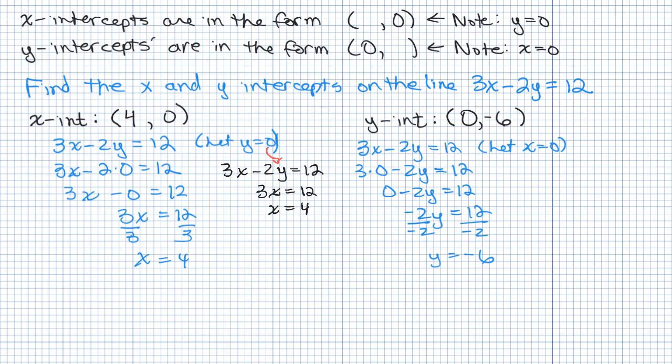When I let x equal 0 in 3x minus 2y equals 12, you see the term 3x will become 0. So I can go directly to negative 2y is 12, divide by negative 2, and I get y equals negative 6, a little bit faster. But in any case, we have our x-intercept is (4, 0), and our y-intercept is (0, -6).